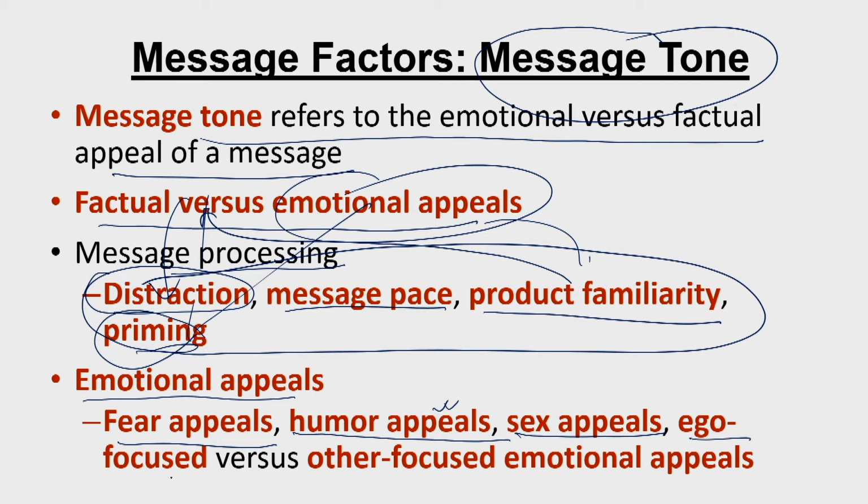Ego focused and other focused emotional appeals. So, there are two more kinds of emotional appeals. Ego focused appeals are those appeals which actually lead to forming personal emotions like happiness, sadness. An appeal in an advertisement which actually ignites happiness, sadness, fear or anger in you is an ego focused ad, and so it works in a different way than other focused emotional appeals.